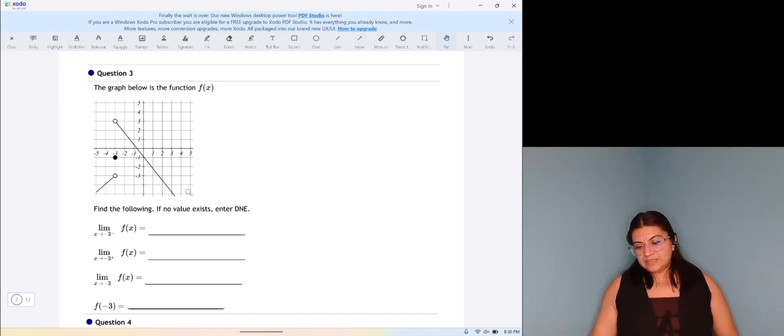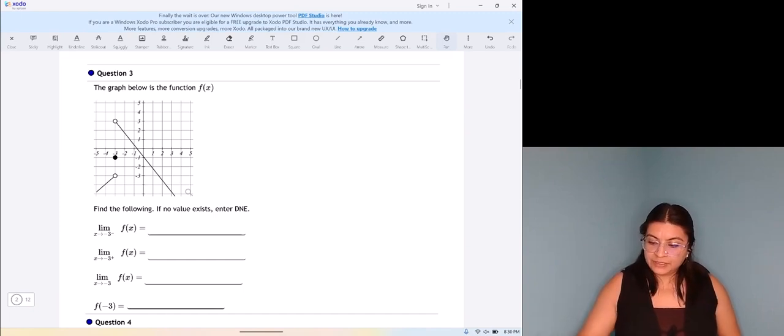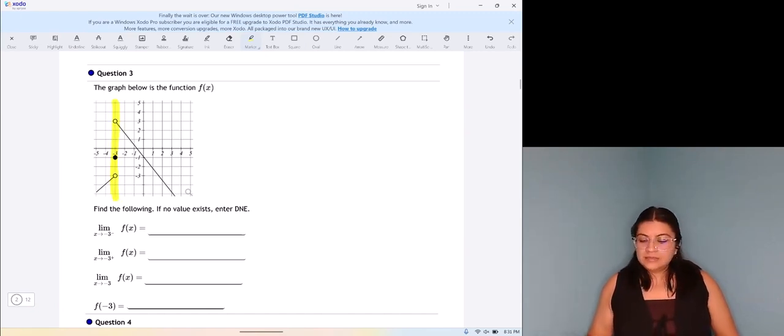The graph below is the function f of x. Find the following. If no value exists, enter DNE. All of these limits focus on -3, so we're going to focus on this portion of the graph.